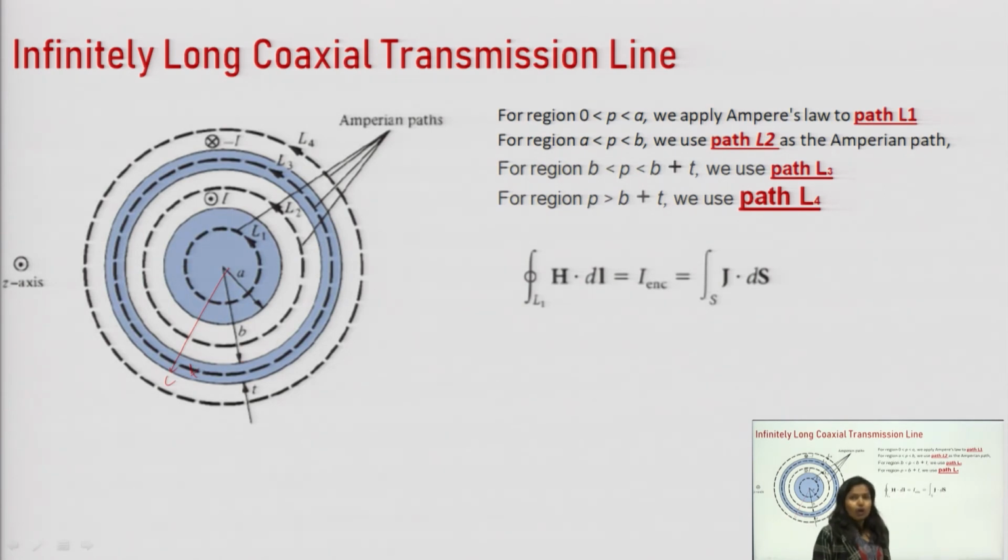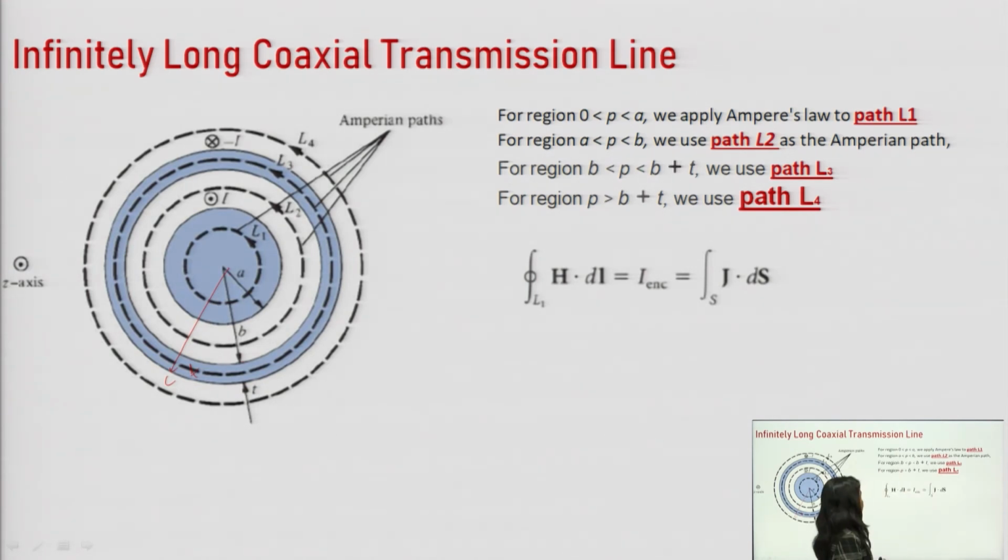Okay, so now in order to find the magnetic field we will apply Ampere's law, but here four kinds of cases will arise. Sometimes our point of interest, where we need to find the magnetic field, will be inside the inner conductor. Sometimes it will be in between these two conductors, or sometimes it will be outside of the outer conductor.